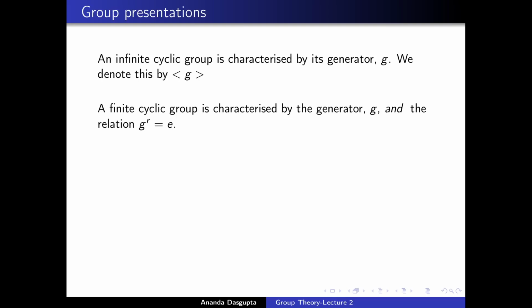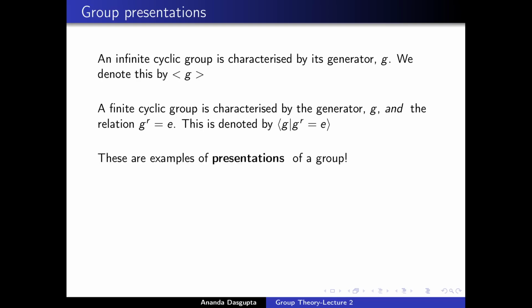So it's not just the generator which characterizes the finite cyclic group, it's also the relationship g to the r equals e. The way in which we write this down is we put inside the angular bracket again the generator or generators, as we will see, followed by a pipe sign and then the relationship g to the r equals e.